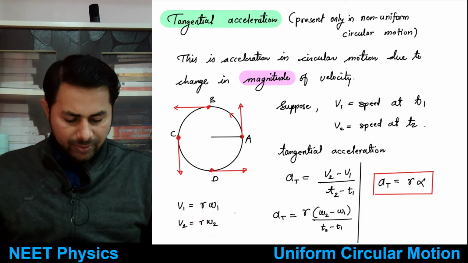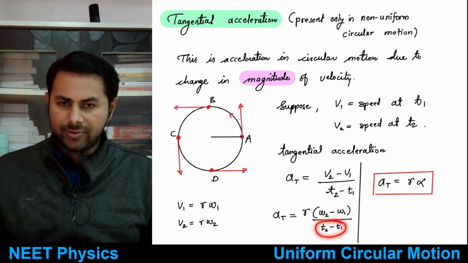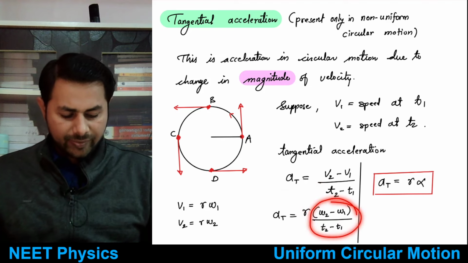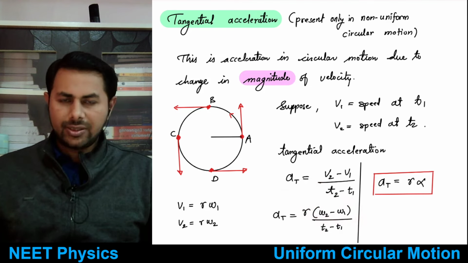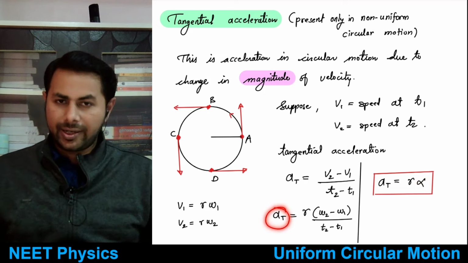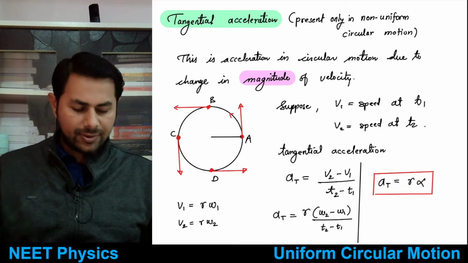If you substitute that in this formula, what do you get? R you can take common, it's omega 2 minus omega 1 divided by t2 minus t1. And what is this thing? Omega 2 minus omega 1 divided by t2 minus t1 is the angular acceleration, which we denote by alpha, right? So the tangential acceleration is equal to r times the angular acceleration.